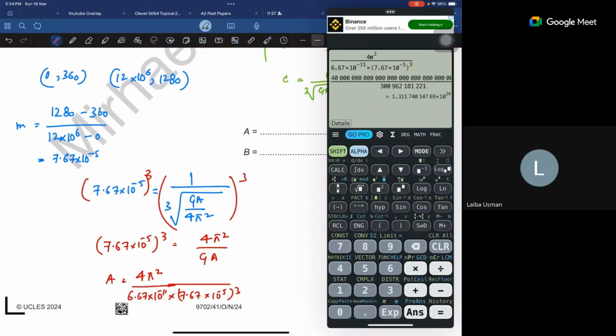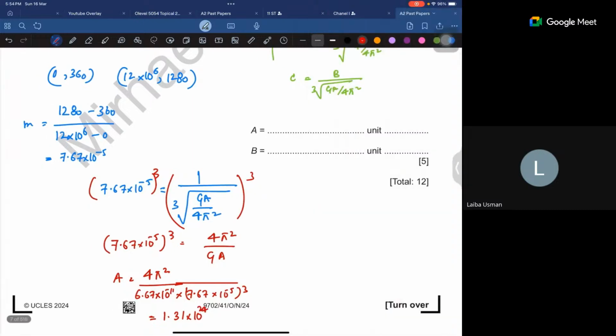So the answer I'm getting for A is 1.31 into 10 raised to power 24, which does make sense because that is somewhat like a general Earth-like planet's mass. So this will be in kilograms.